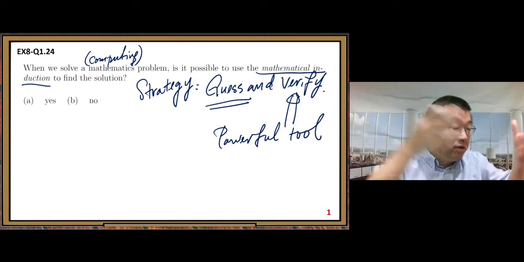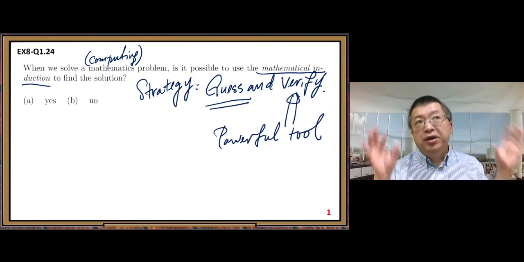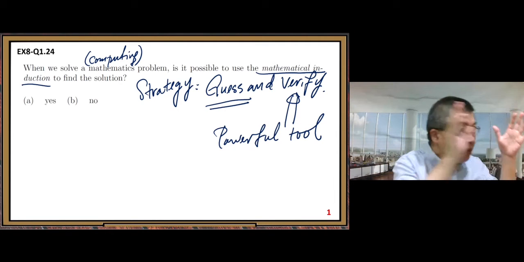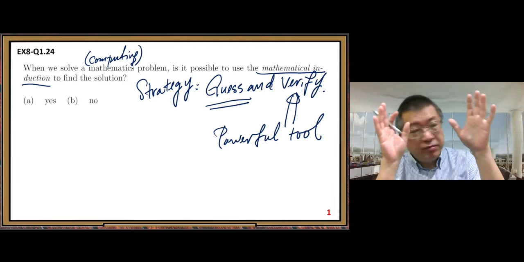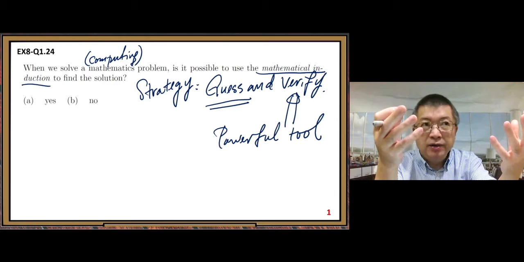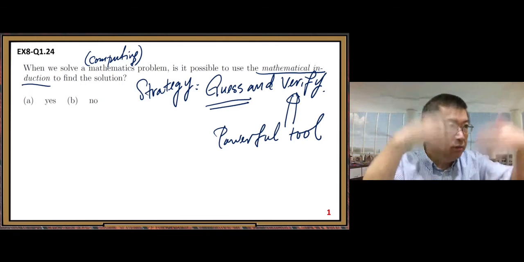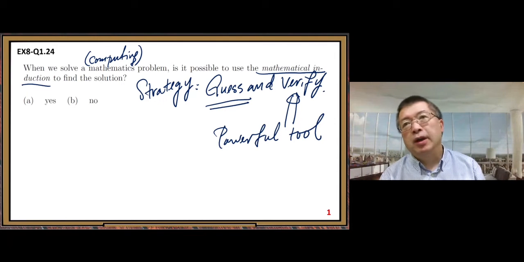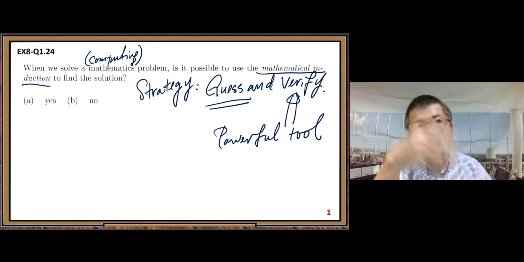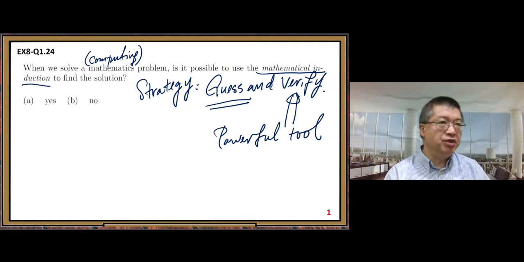Because when you dig more and more clues from the problem, you can see the result better and better and make your guess. If it's not correct, modify it, then verify it. This kind of cycle, and eventually you can find a solution. This kind of thinking is pretty common in problem solving.